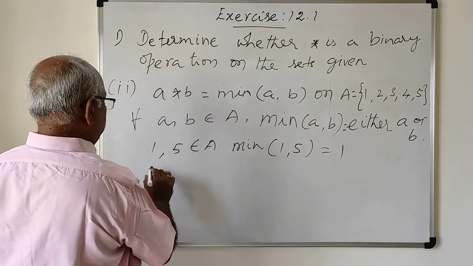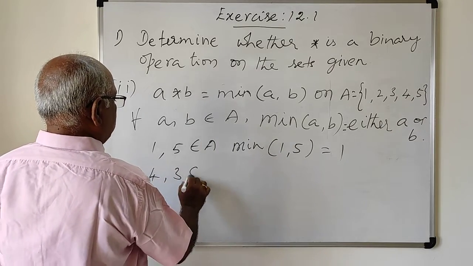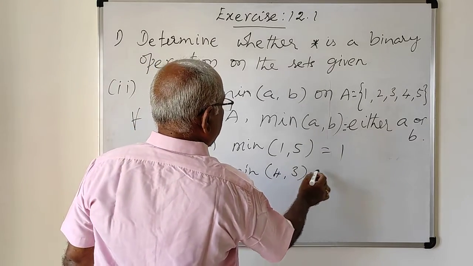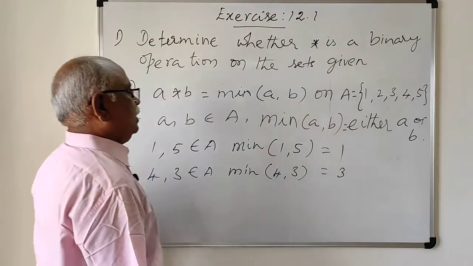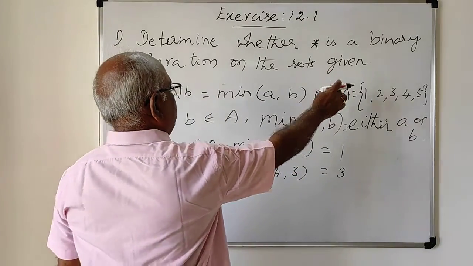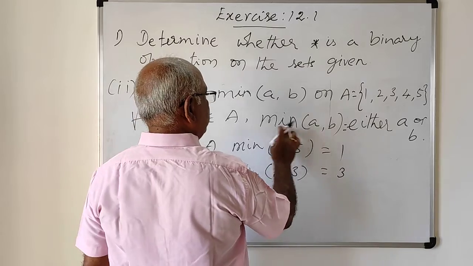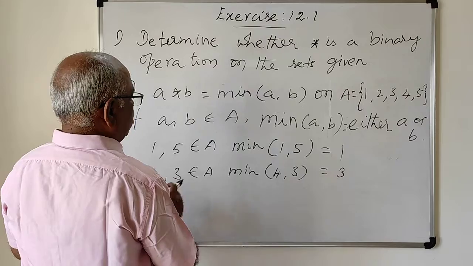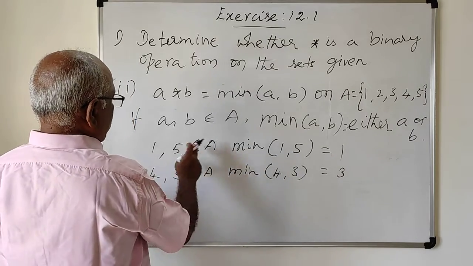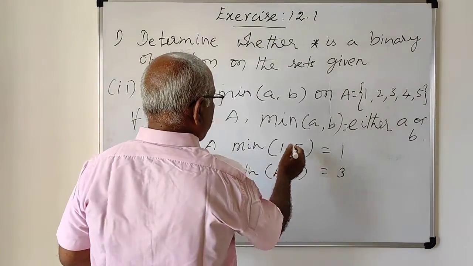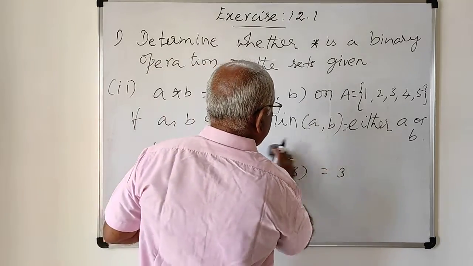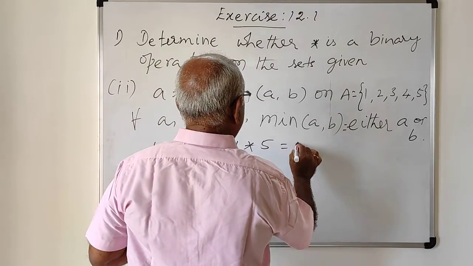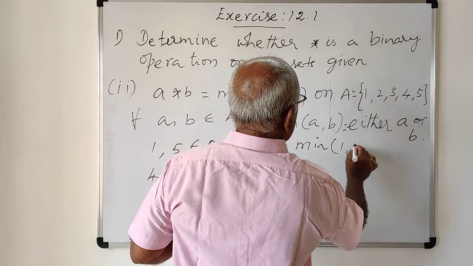Like that, for any two elements, 4 comma 3 belongs to A. Minimum of 4 comma 3 is 3. Like that, for every element in the set A, using the condition, A star B is minimum of A comma B. Here, 1 star 5 is equal to minimum of 1 comma 5, that is equal to 1.